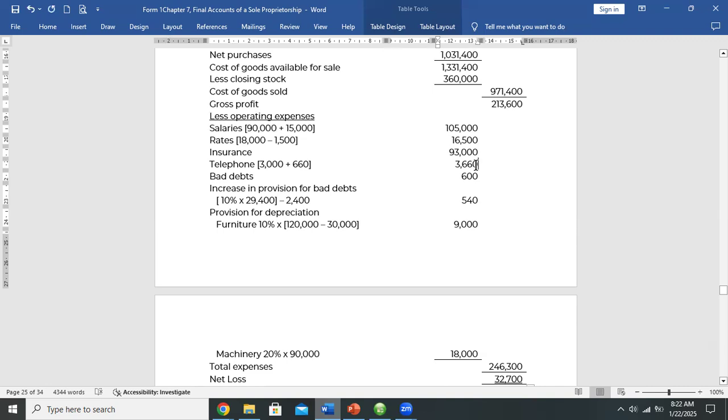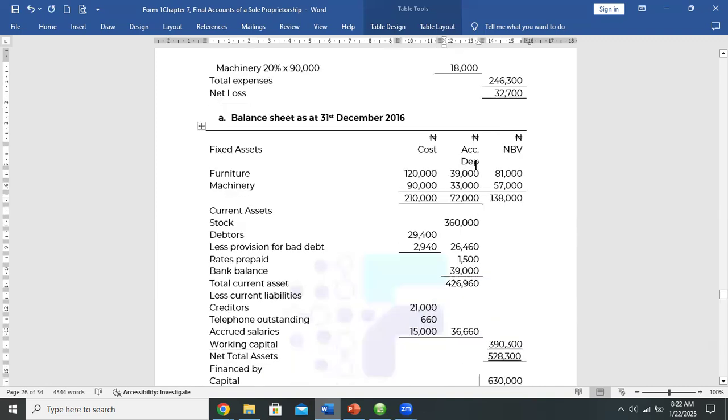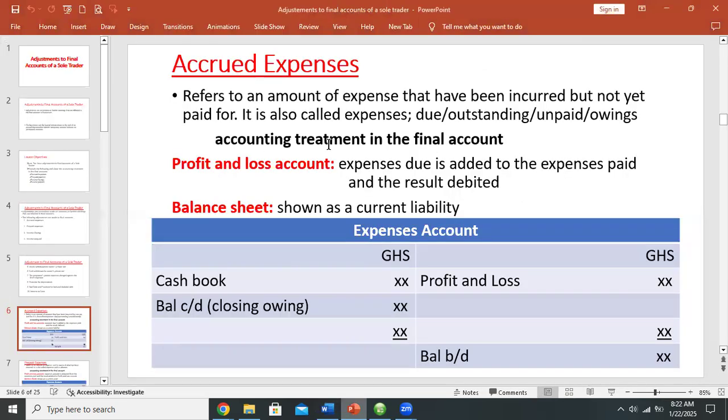Now, when you go to the balance sheet, as it was indicated, that 660 outstanding will be part of your current liabilities. So you see telephone outstanding under our current liabilities. So that's the point being made, that if you see any expense accrued or outstanding, add it in your profit and loss account, and in the balance sheet, show it as a current liability.